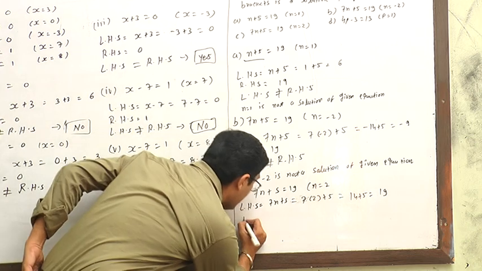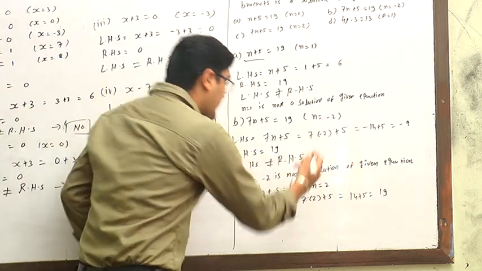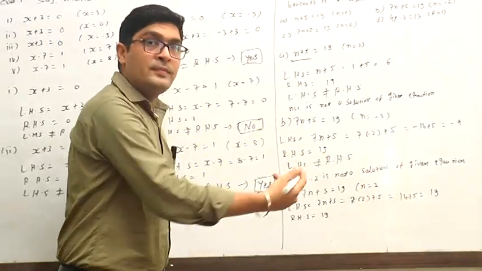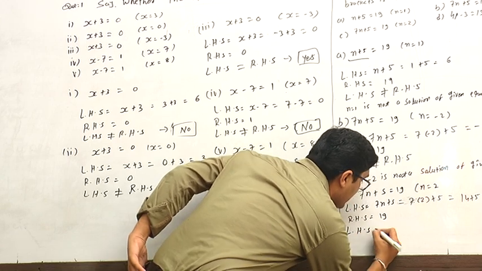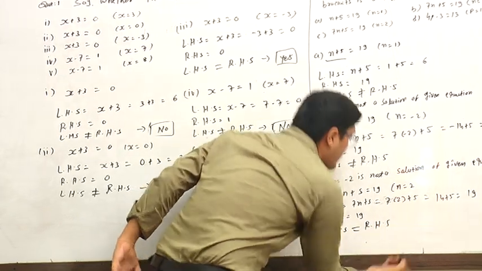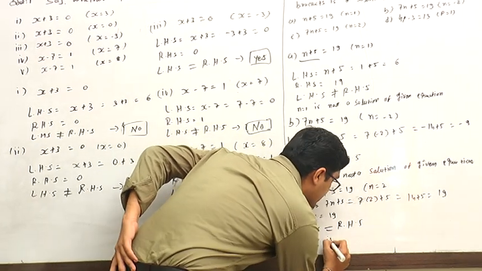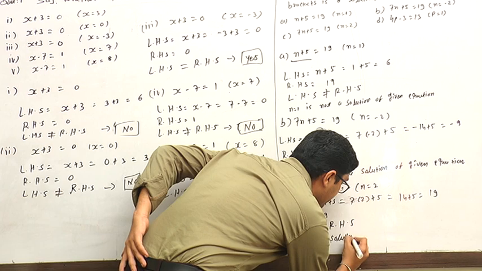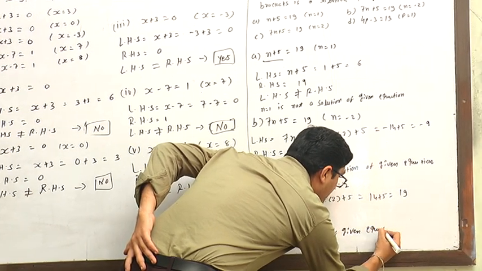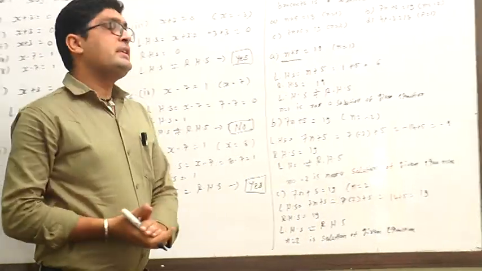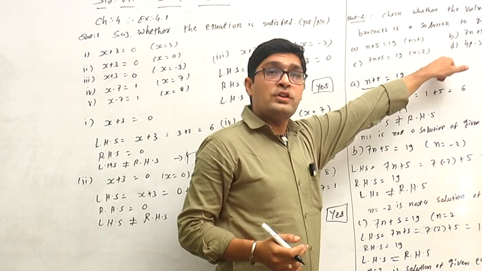And what is our right hand side? 19. It's matching. Both the answers are the same. So we will write here left hand side is equal to right hand side. So we will write the statement that n is equal to 2 is the solution of the given equation.